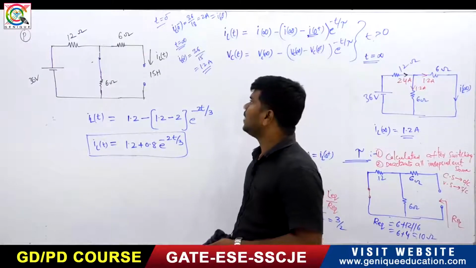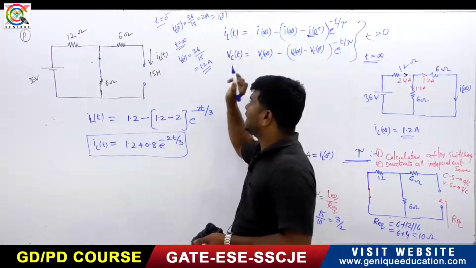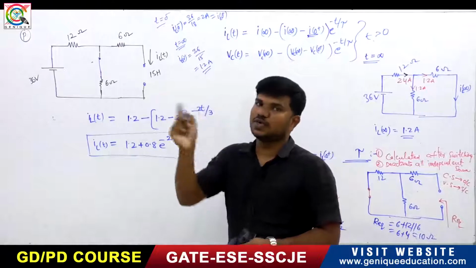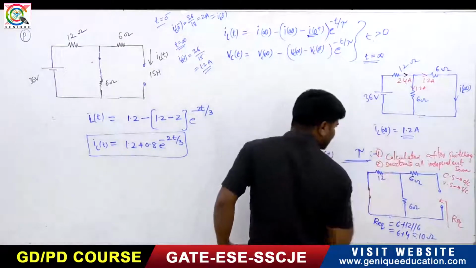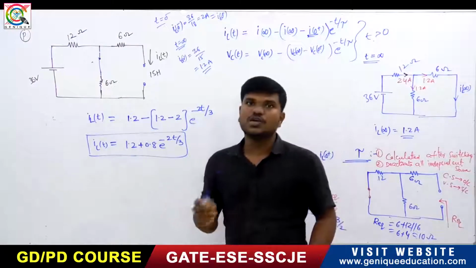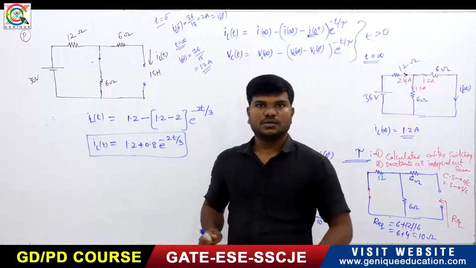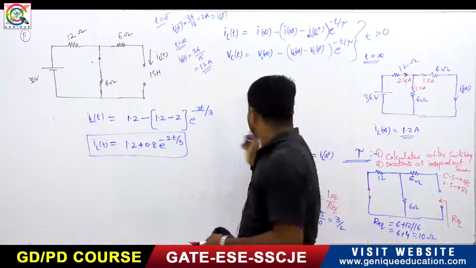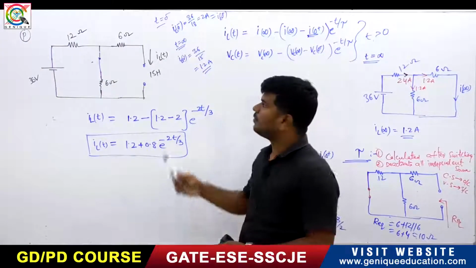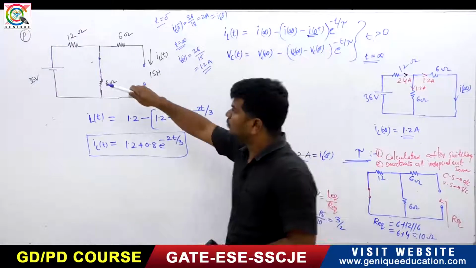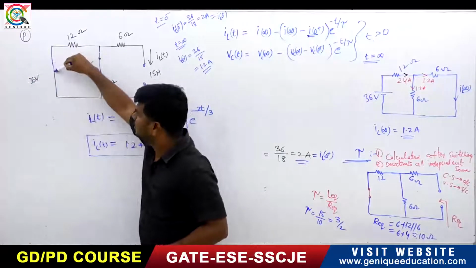Now we have to find the time constant. The time constant is calculated only after the switching. So while finding the time constant, you have to deactivate the independent sources. For finding the R equivalent, you have to deactivate this.